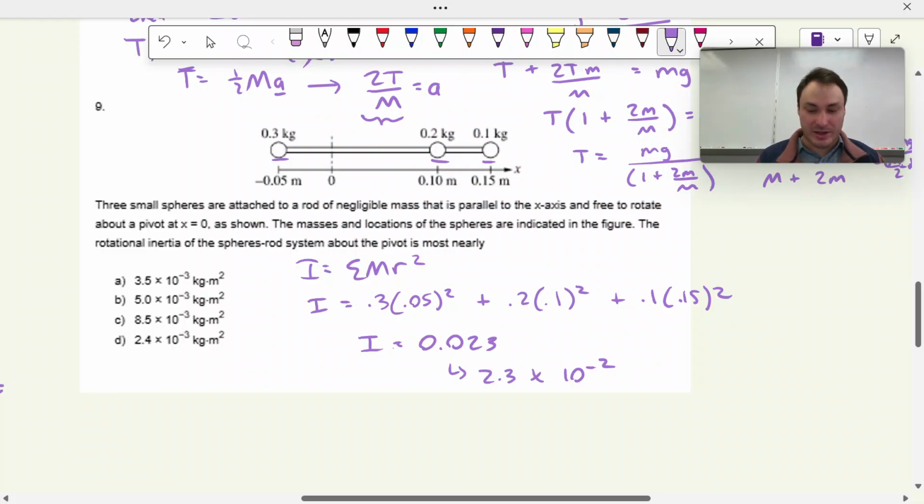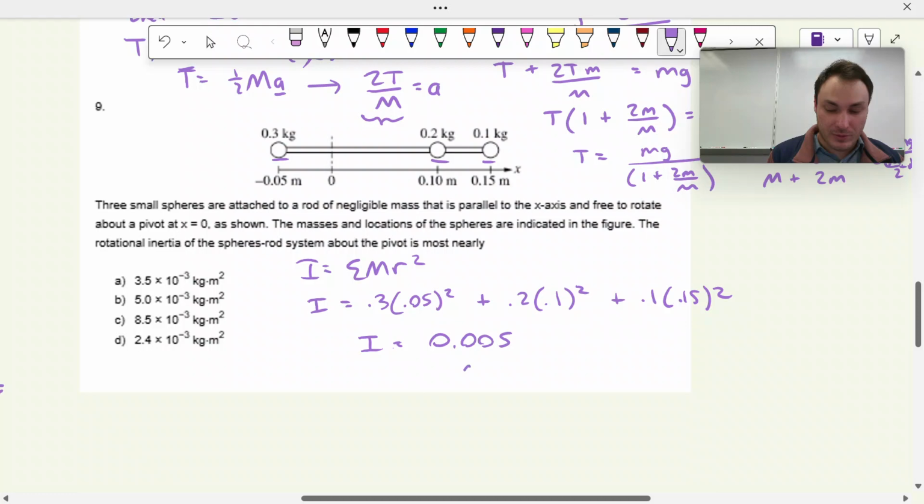I did plug into my calculator wrong. That's not equal to that. It's going to be this plus 0.2 times 0.1 squared plus 0.1 times 0.15 squared. And we get 0.005, or 5 times 10 to the negative third.